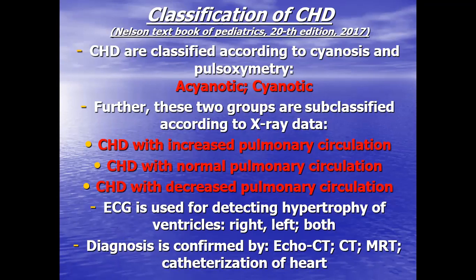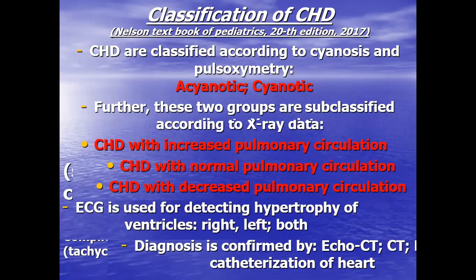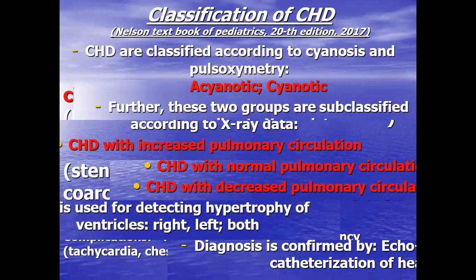And further, these two groups are subdivided according to X-ray data into congenital heart defect with increased pulmonary circulation, congenital heart defect with decreased pulmonary circulation, and congenital heart defects with normal pulmonary circulation.